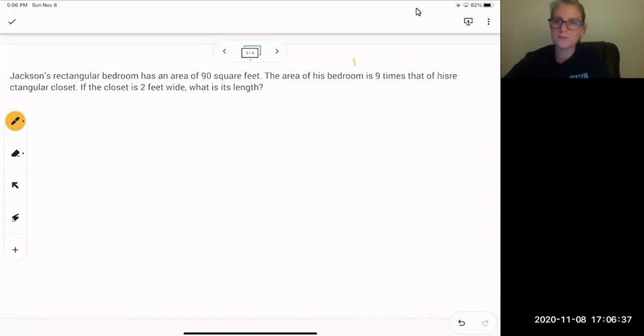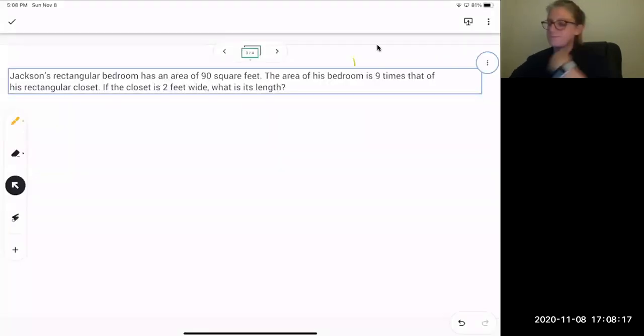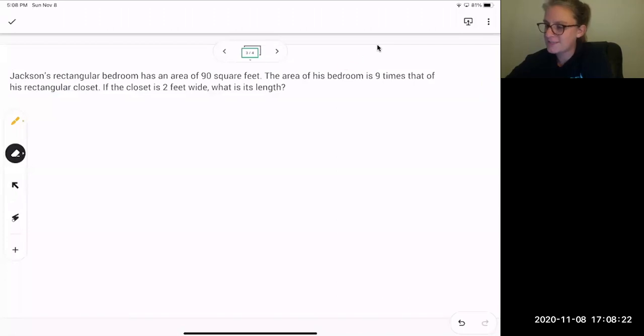Pause. Okay, back to our problem now that I have fixed it. Jackson's rectangular bedroom has an area of 90 square feet. So it's giving us the area. The area of his bedroom is 9 times that of his rectangular closet. If the closet is 2 feet wide, what is its length?